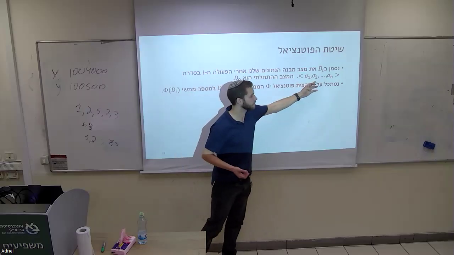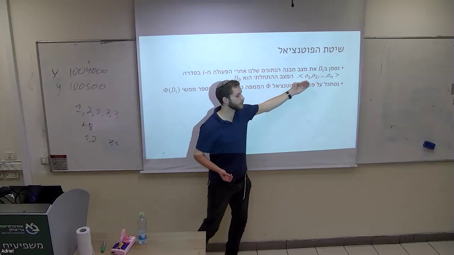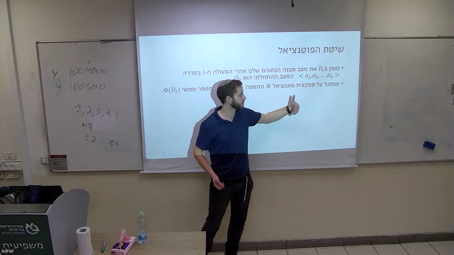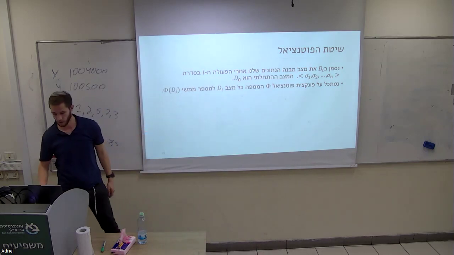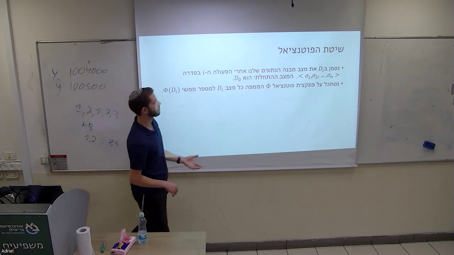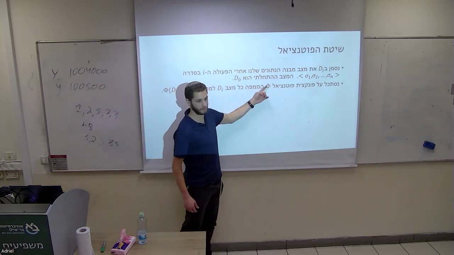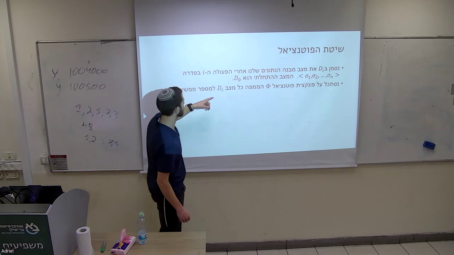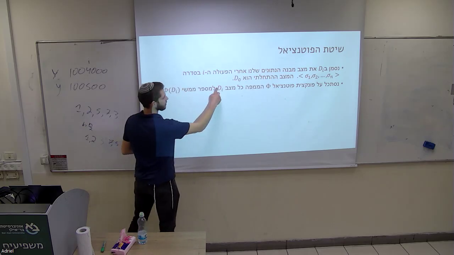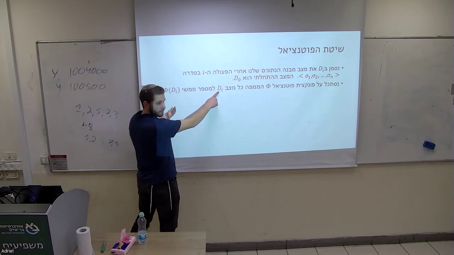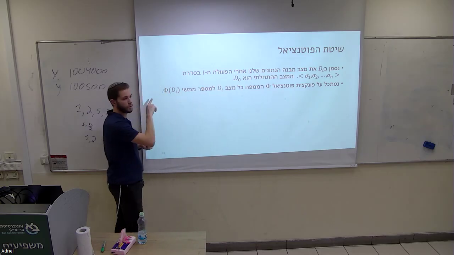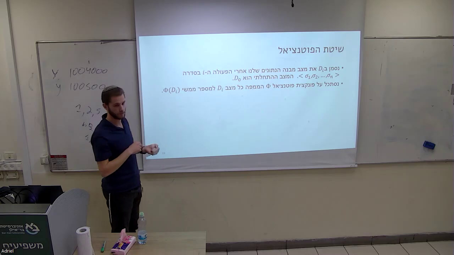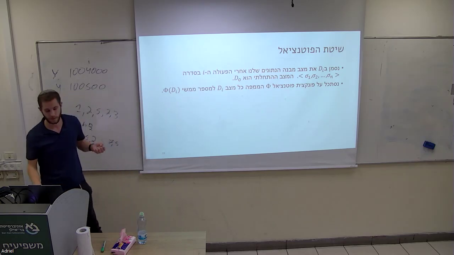We have n operations, so D_2 would be the status of our data structure after the second operation. The starting one is D_0. Now let's look at a potential function, which takes each situation of the data structure and sends it to a real number. Okay, so that's our potential.